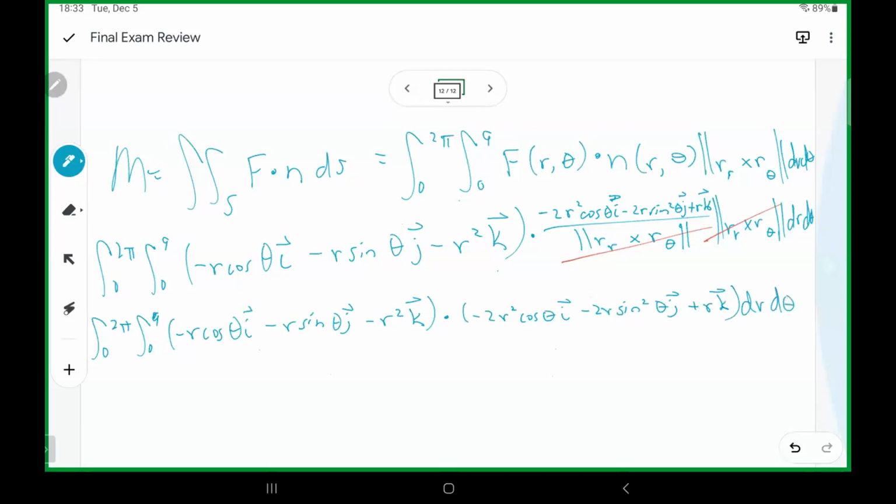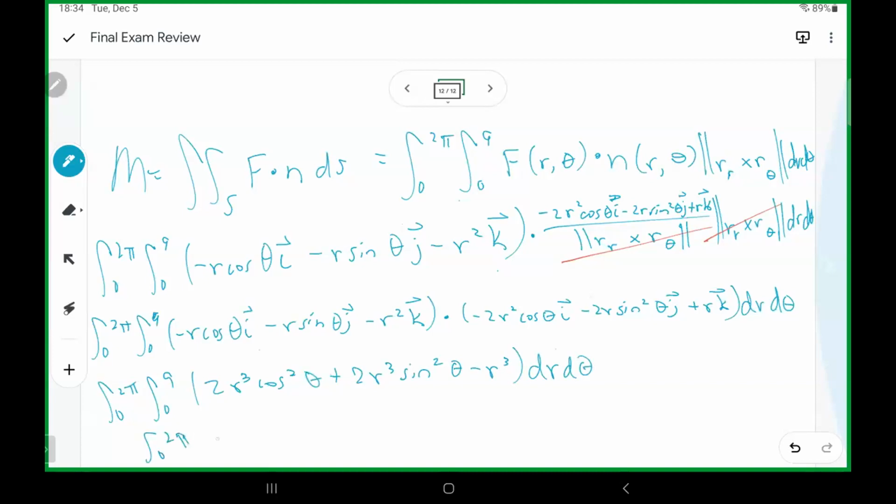All right, so then what we have next is 0 to 2 pi, 0 to 9, of 2r cubed cosine squared theta plus 2r cubed sine squared theta minus r cubed dr d theta.